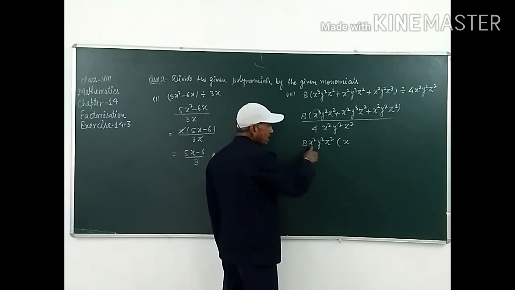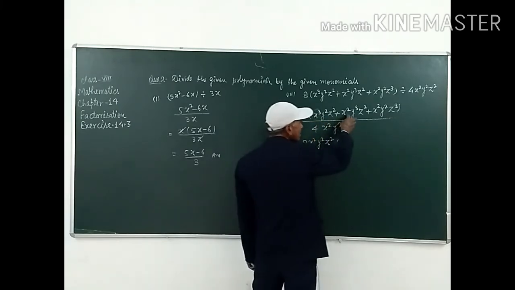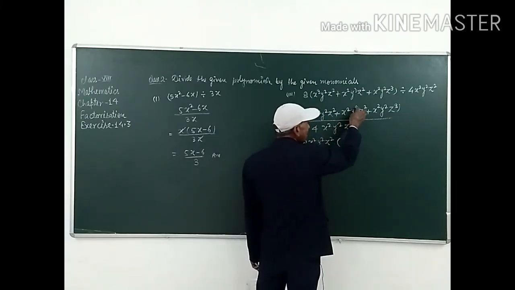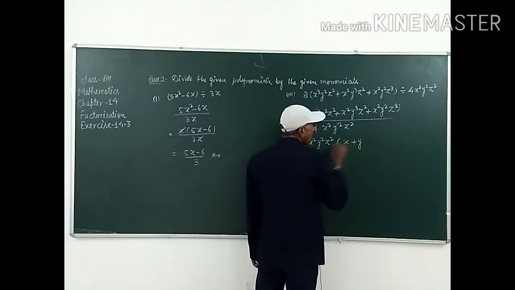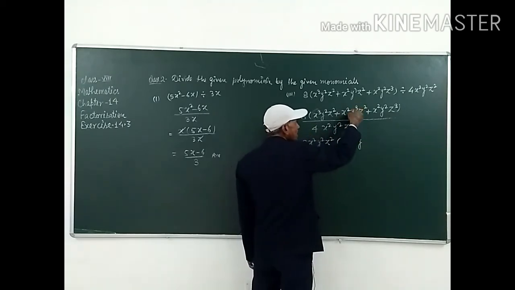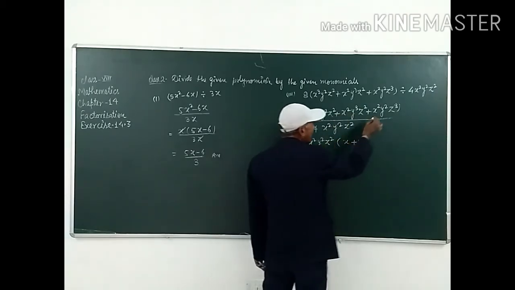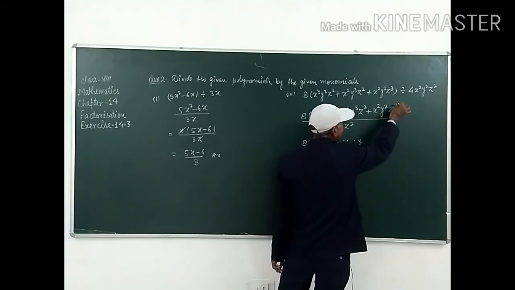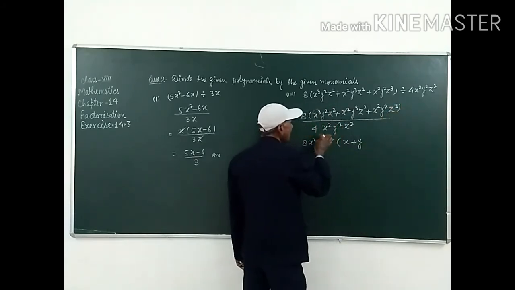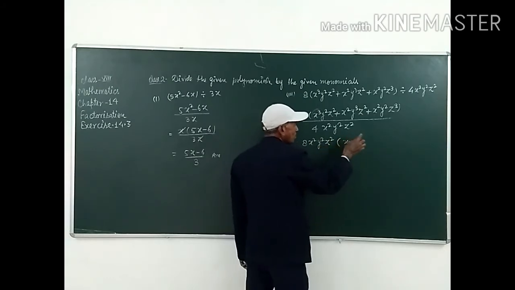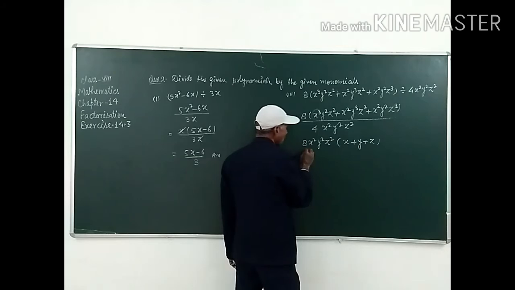So x square is common and x cube is here, and in the second part y will remain plus y here, student, because y cube is here and we have taken y square as common, and in the third part z cube is this one, and we have taken common z square. So at least one time z will remain here.